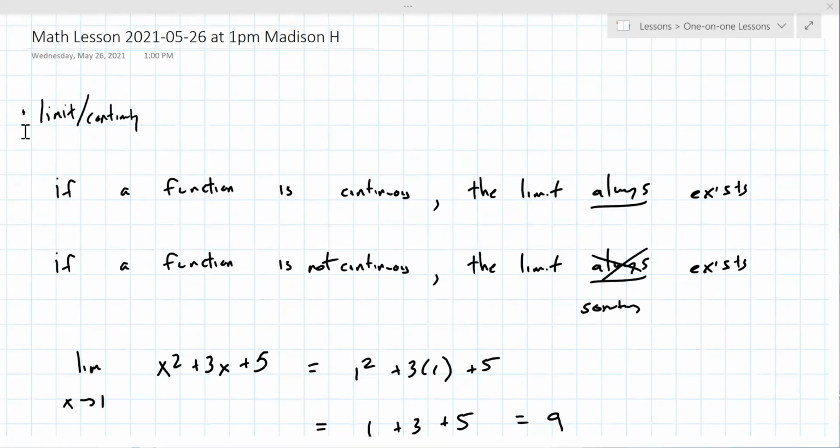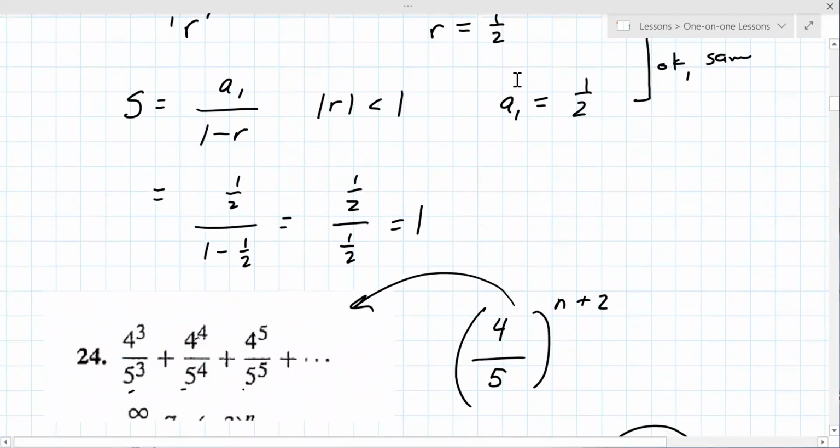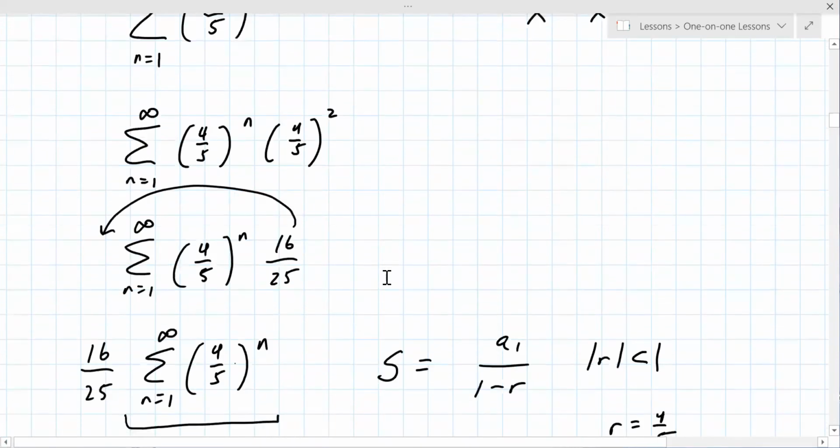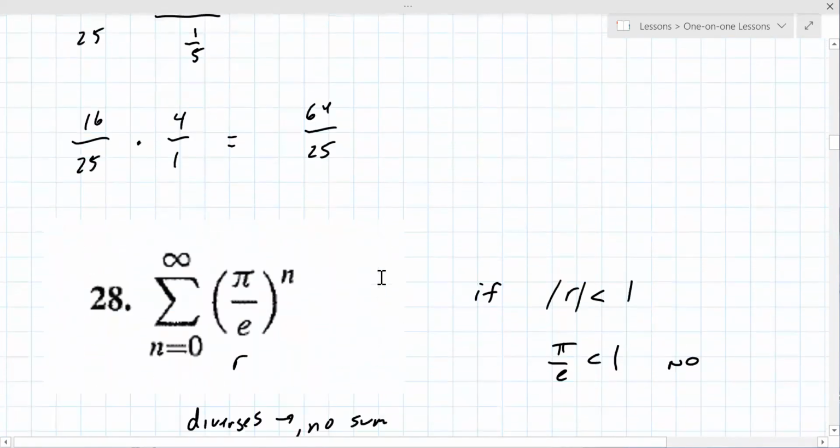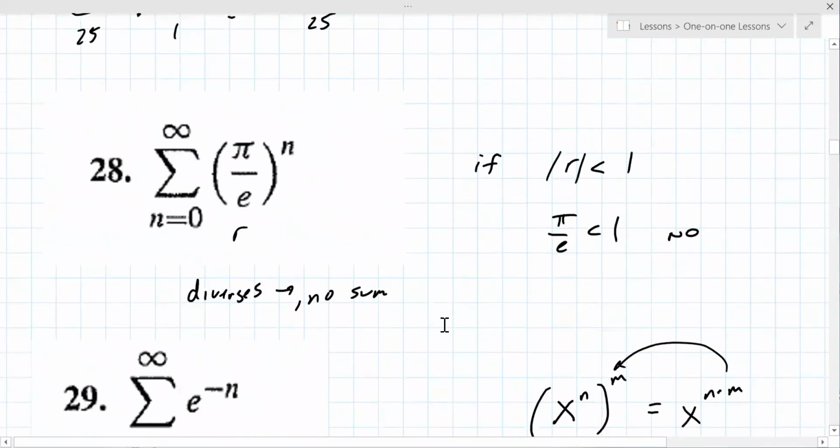Oh yes, the limit continuity rule would be good. These are the sometimes, always, never questions. I think the stuff with the r's less than 1 is good to have.